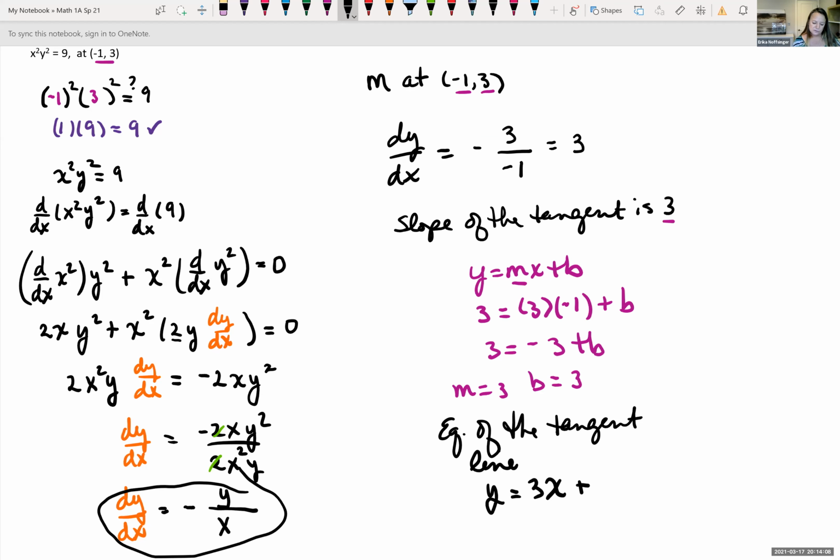If I add 3 to both sides, 3 plus 3 is 6. So what my equation of the tangent line is y equals 3x plus 6.